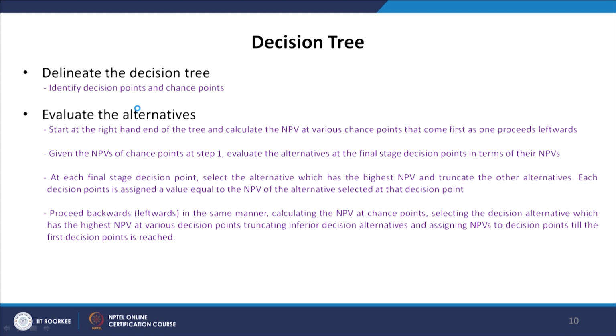delineate the decision tree means identify the decision points and the chance points. When you develop the tree, you try to find out the decision points and the chance points. So, first of all we have to take a decision: we do this thing, we do that thing. If we do this thing, what are the chances of success, what are the chances of failure? If we do that, what are the chances of success, what are the chances of failure?